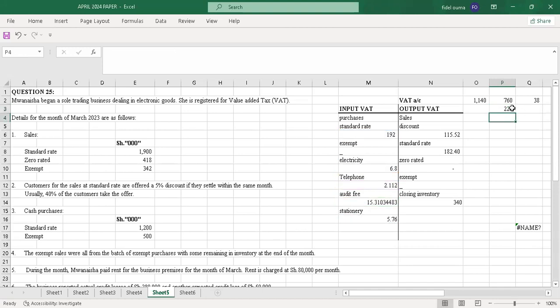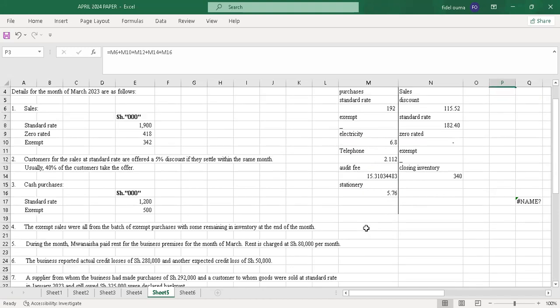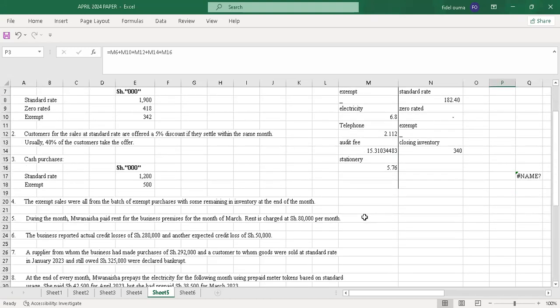From the look of things, you can see that the input has 222, but when you look at the closing inventory, only the closing inventory has 340. So this side is higher than the other side, so we'll have a VAT payable on this other side. That's the balancing figure.